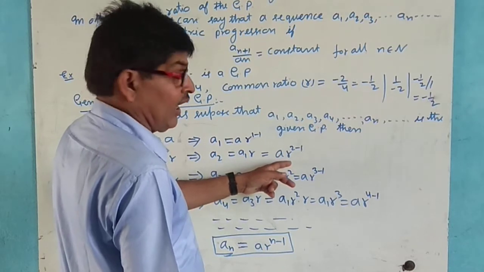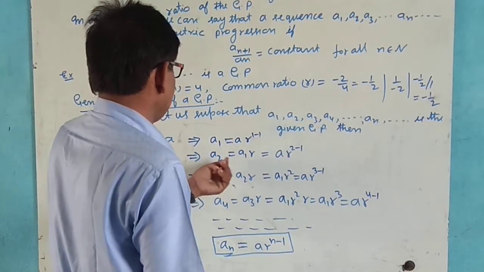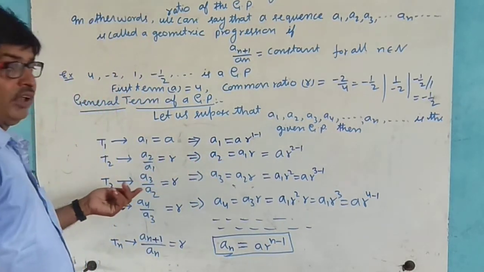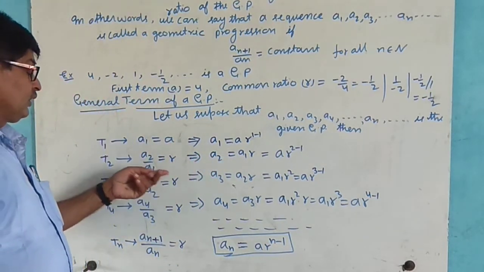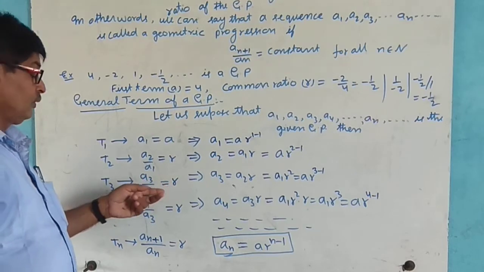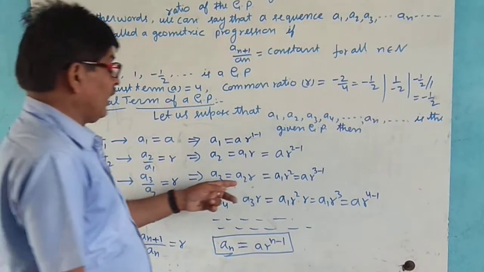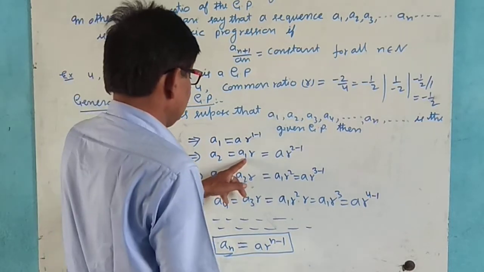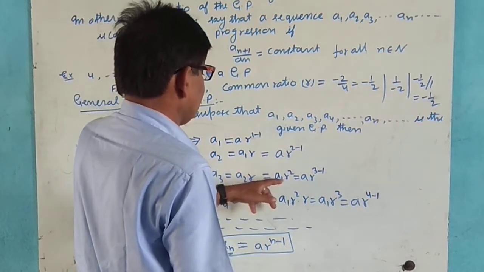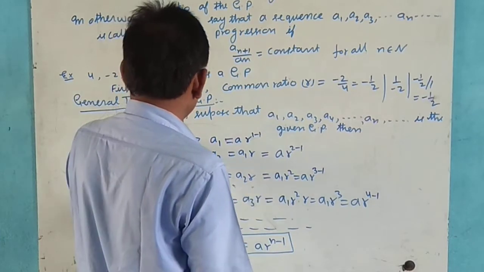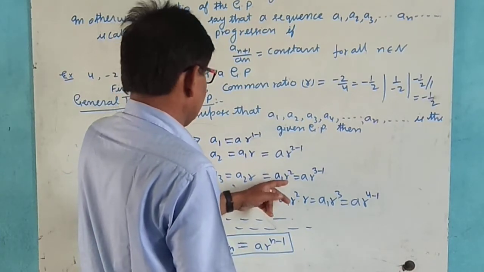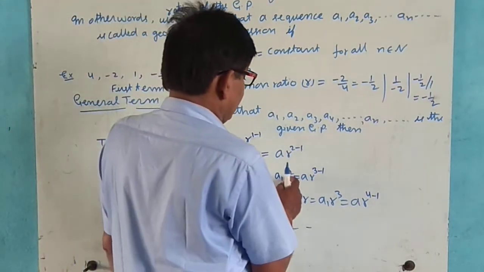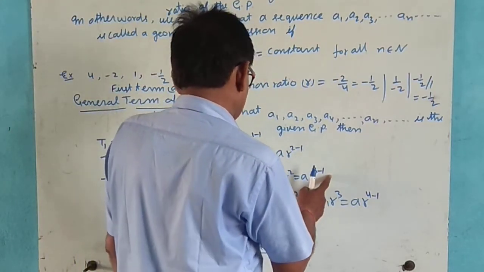So it can be written as A R to the power 2 minus 1, because it is the second term. T3 is A3 by A2, the common ratio is the same, so A3 is equal to A2 R, which is A1 R square, and A1 is equal to A, so A R square. It is the third term of the series, so 2 can be written as 3 minus 1.